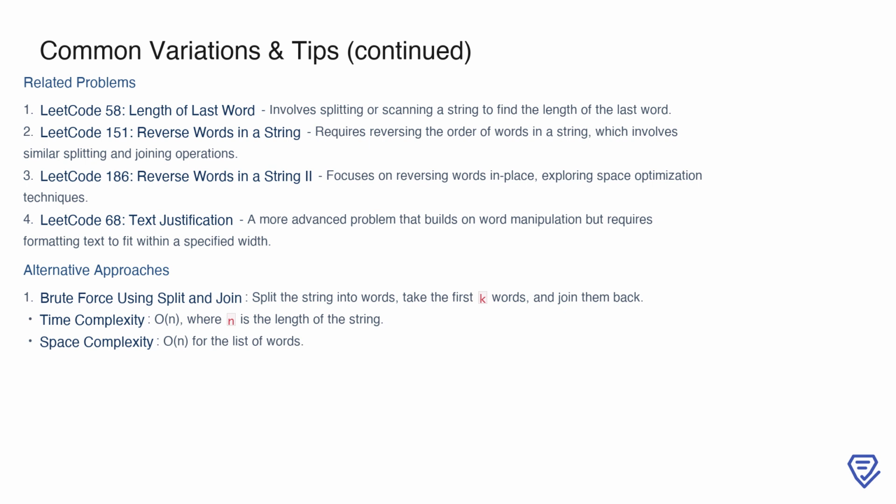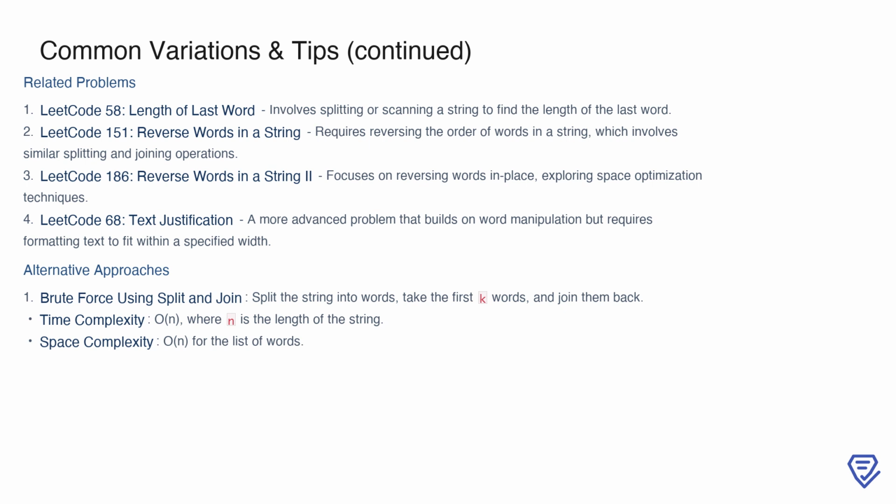LeetCode 186, Reverse Words in a String II, takes this further by reversing words in place, focusing on space optimization. And LeetCode 68, Text Justification, is a more advanced problem that involves manipulating words to format text within a specific width.